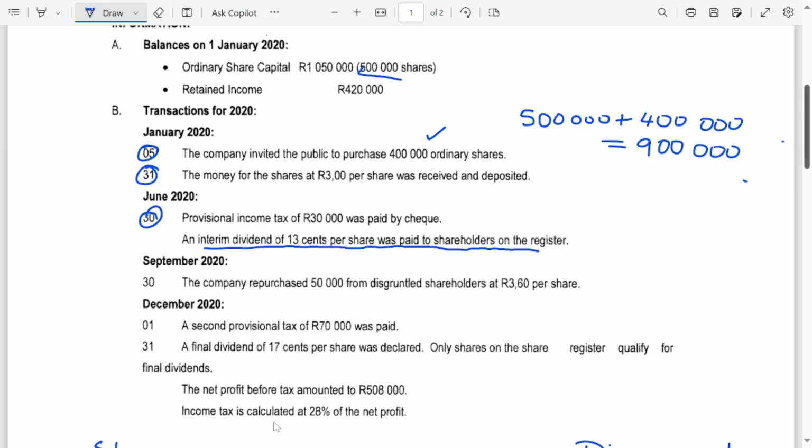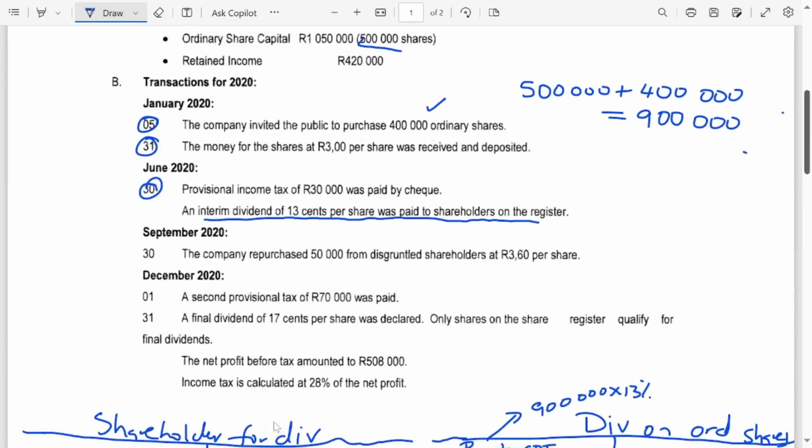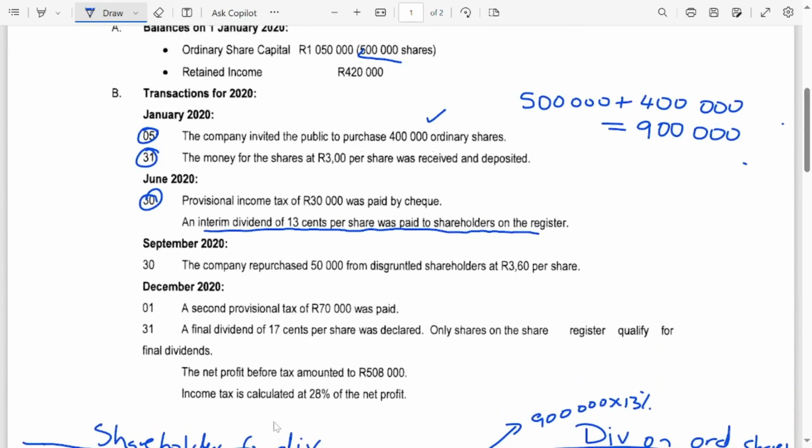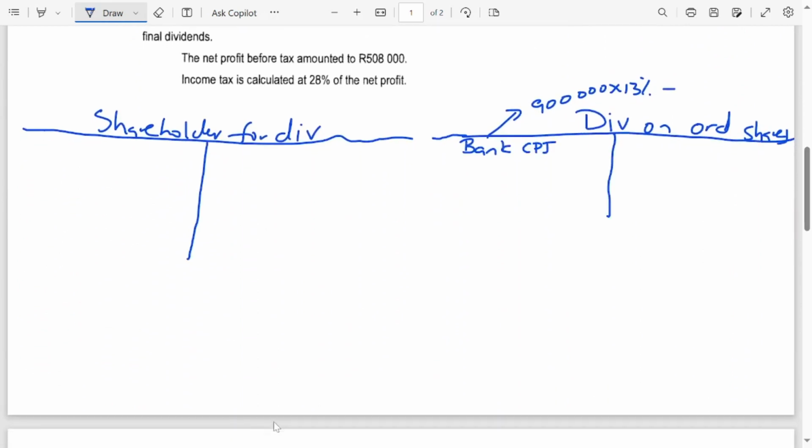So you're going to take this 900,000 and multiply it by 13%. Because remember, they said an interim dividend of 13 cents per share. So then the answer is going to be how much? 117,000. Right? Let's continue.